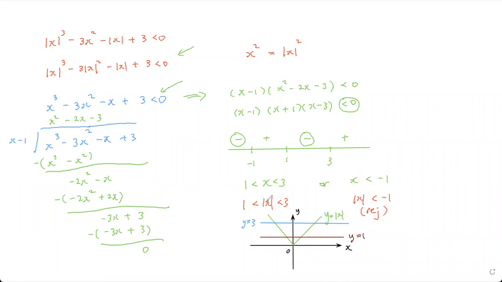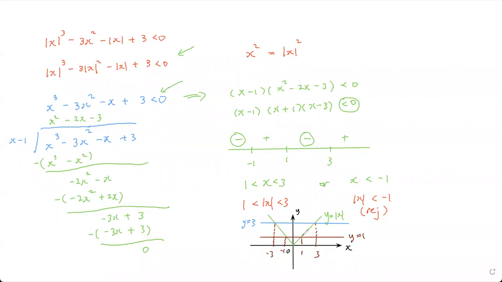I want modulus x, y equals modulus x, to be in between these two horizontal lines. So I'm going to look out for these values. This value is actually 1, so when y equals 1, x is 1, and this value is 3. This value should be negative 1, and this one should be negative 3.